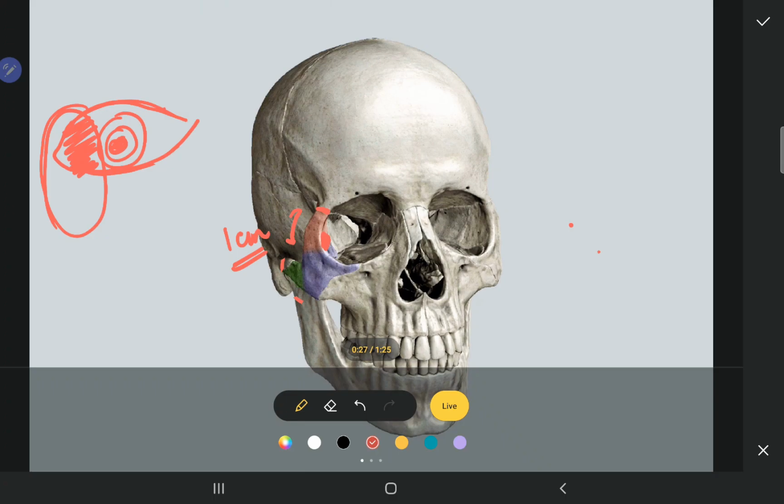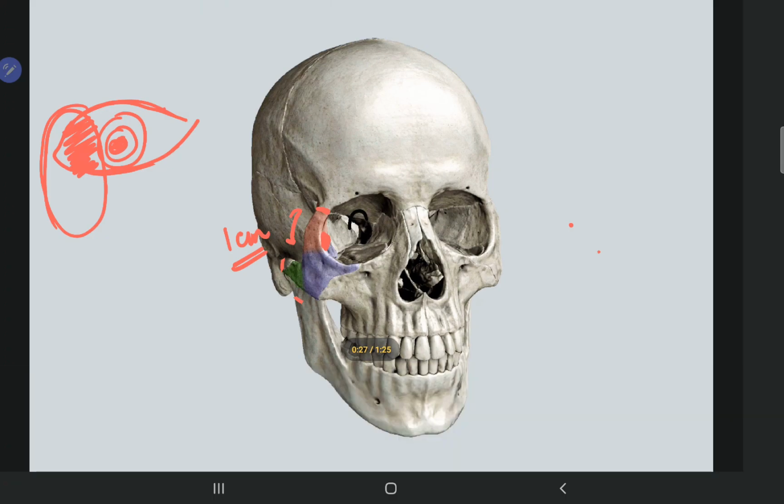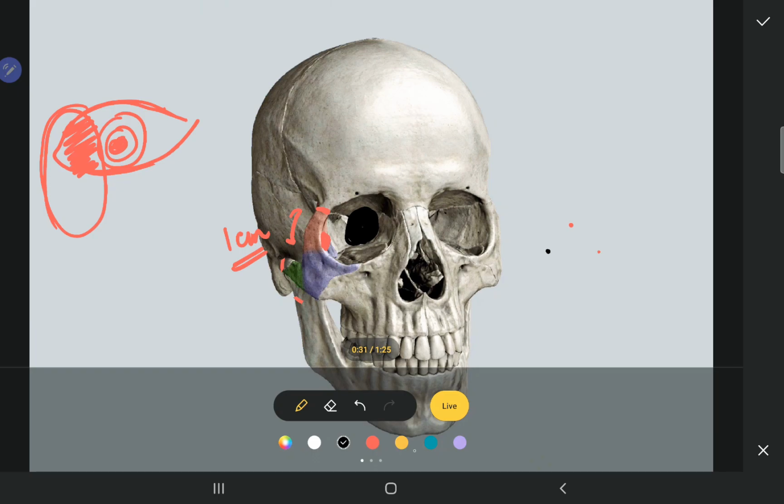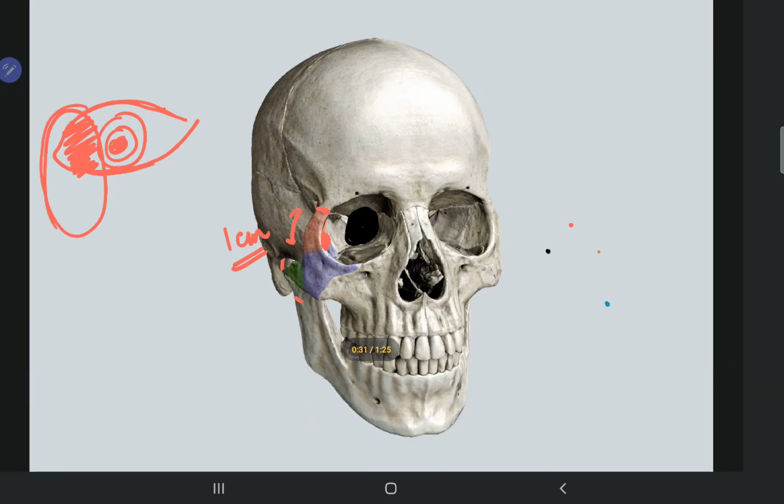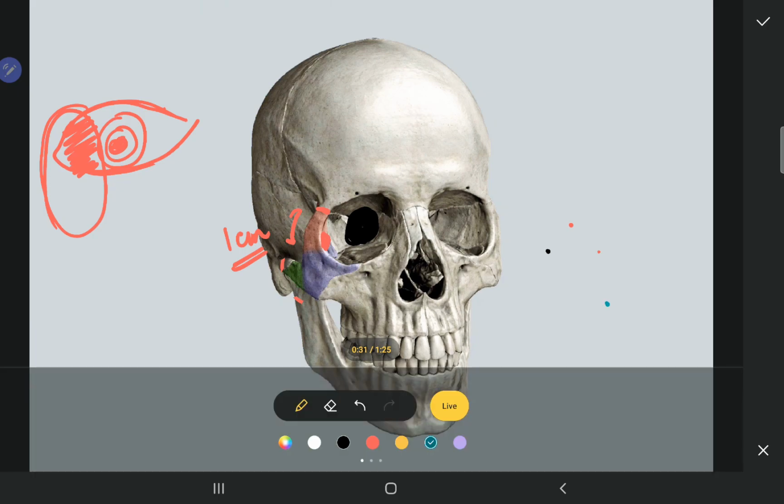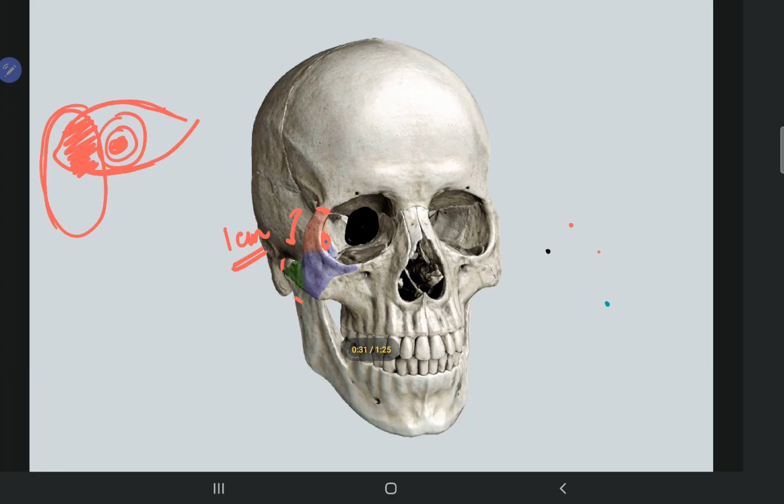And why we need to know about this tubercle is that, say this is the globe of the eye, right? So this globe of the eye is suspended by a ligament, and this ligament is known as the suspensory ligament. Now this suspensory ligament is attached to the Whitnell's tubercle here. So this is the suspensory ligament of Lockwood, which is holding the globe.